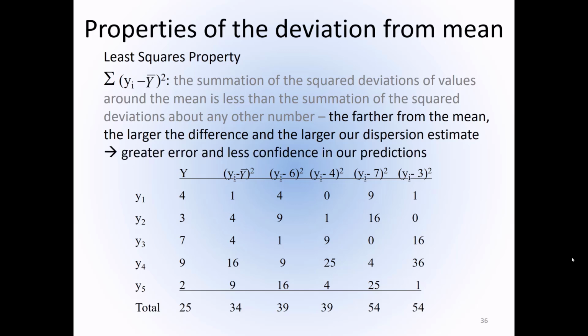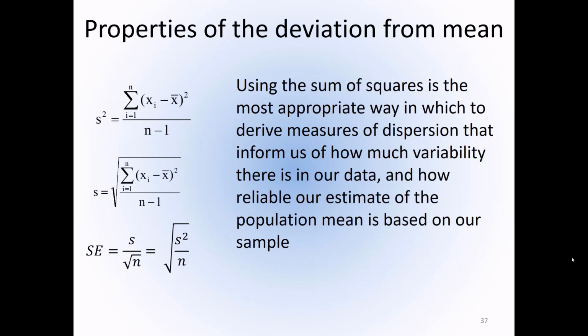And also the greater the error and lower the confidence that we'll have in our respective predictions. So using this sum of squares is going to be the most appropriate way for us to measure dispersion, so we can understand how much variability we have in our data and how reliable our estimates are going to be of our population mean based on our sample.